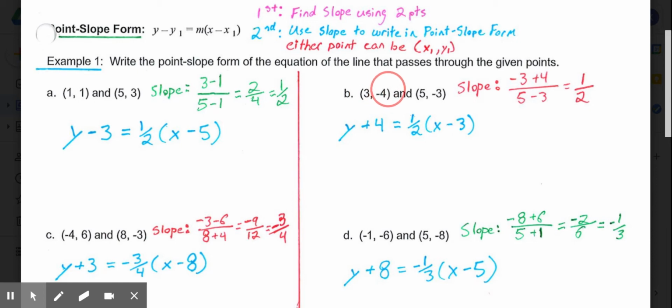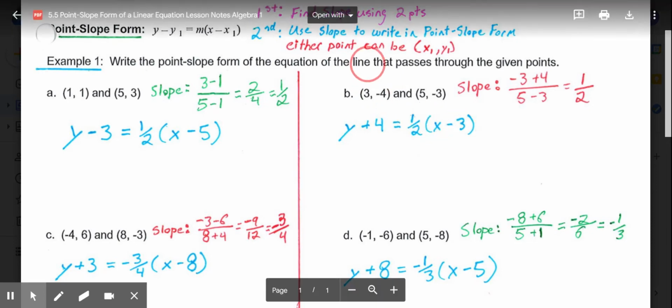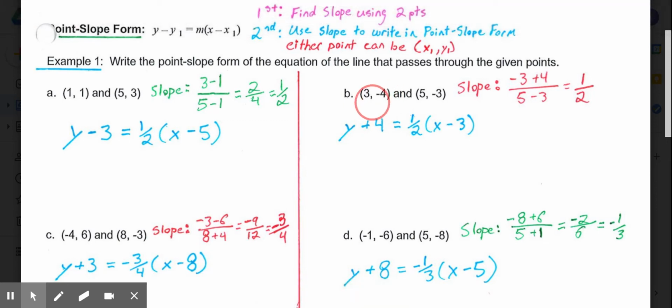So then our equation would be y plus 4, because it'd be y minus a -4, -4 here for y1. So y minus a -4 is y plus 4 equals our slope 1/2. Then in parentheses, x minus x1, which because I'm using this point would be a 3.